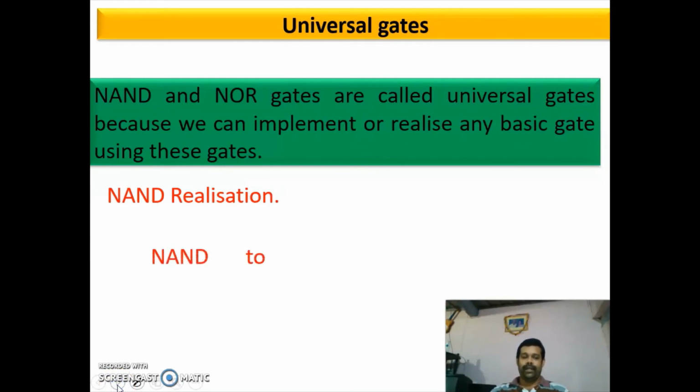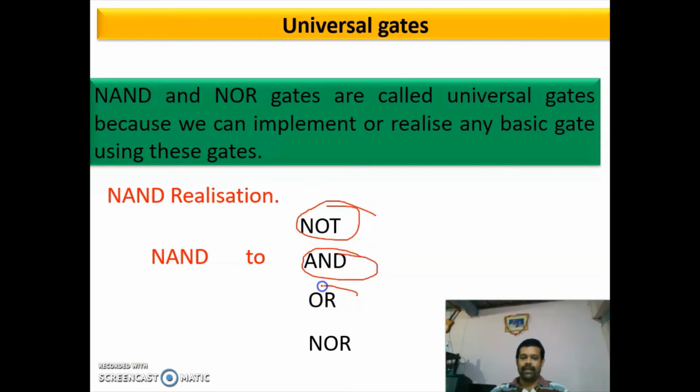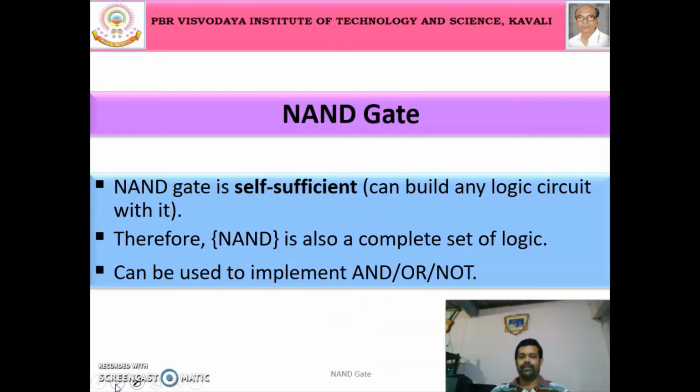Now we are going to realize NOT gate, AND gate, OR gate, and NOR gate by using NAND gate. So first one, NAND gate.